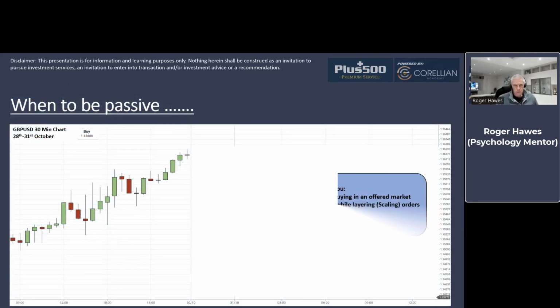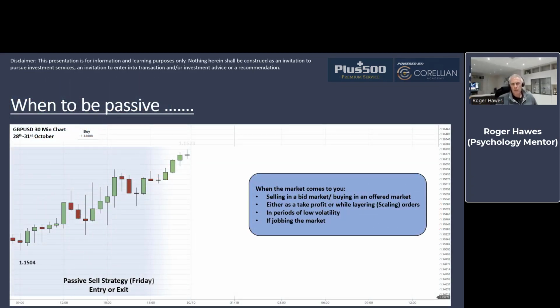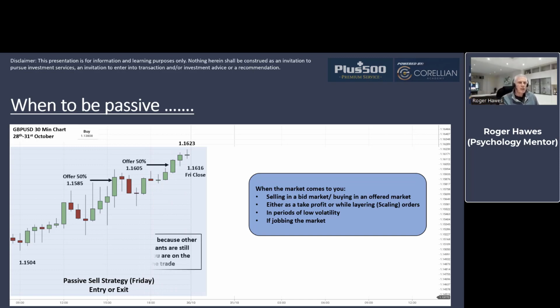So if I try and put this into context of markets and seeing how we can use these different styles, well, on the left-hand side there, we basically have the sterling market, and it comes from a couple of Fridays ago. And basically, if we'd have been sitting there long, let's say we're long down in the low 115s, and we feel the market's moving, you know, the tea leaves are telling us there's not too much volatility in the market.